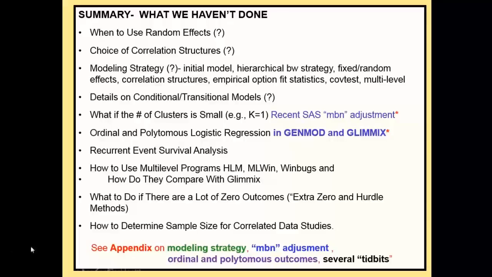Details on conditional transitional models, well, that's an issue, but I'm going to leave that for some other year. There is an issue: what if the number of clusters is small? I haven't talked about that at all. I mean, the smallest situation is you only have one cluster, only one person or one cluster.